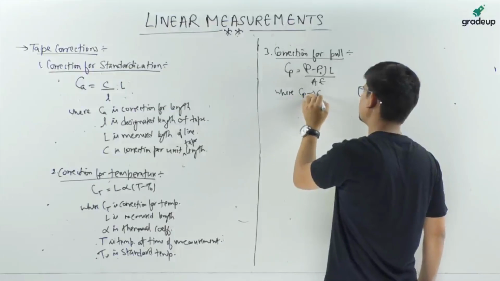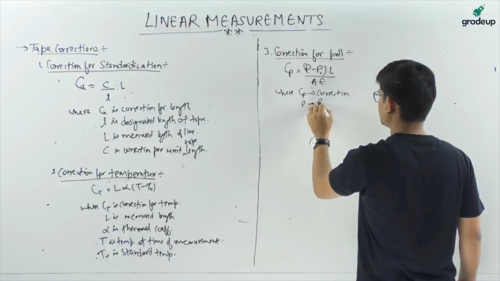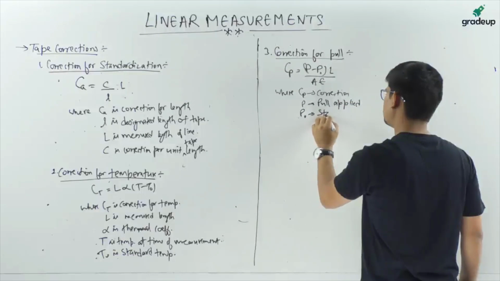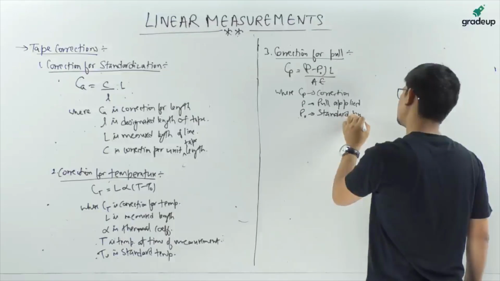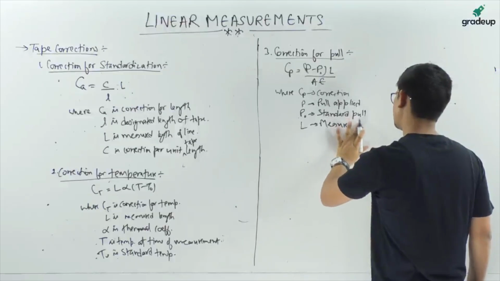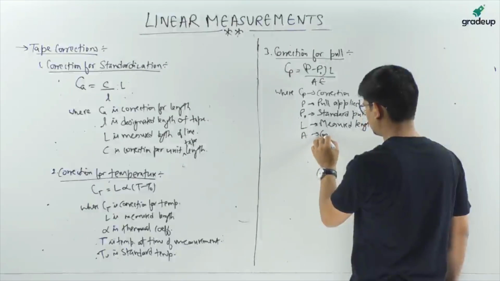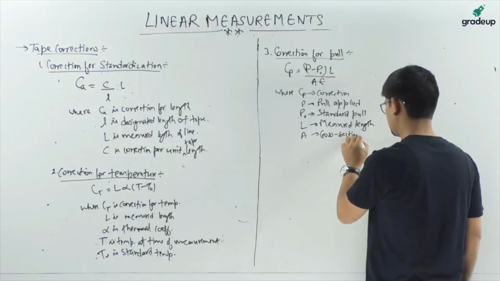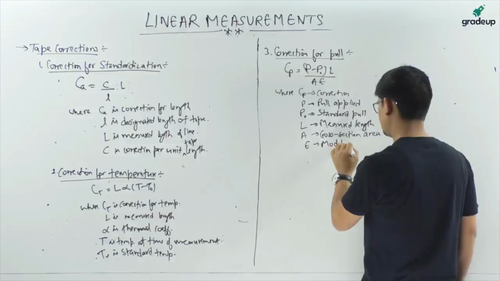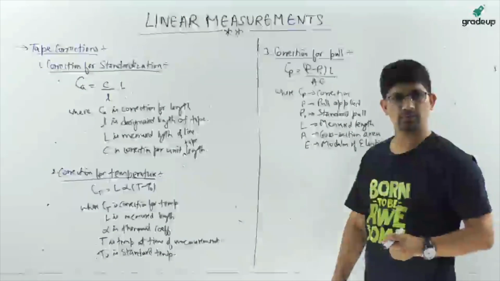So where Cp is correction, P is the pull applied, P naught is standard pull, L is measured length, A is cross section area, and E is modulus of elasticity. Okay. So this is correction for pull.